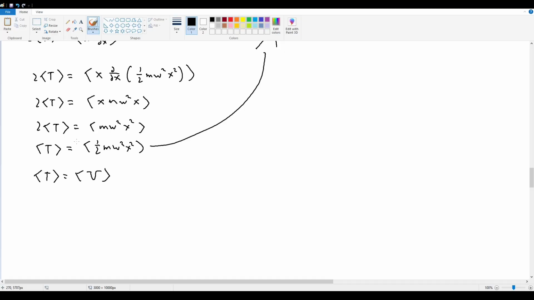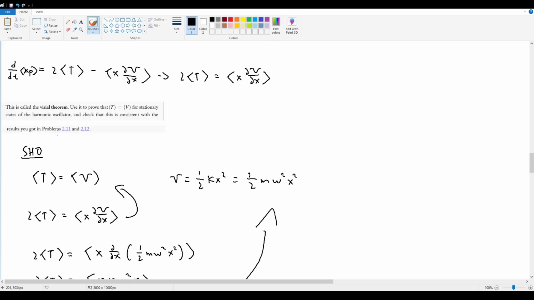So to show that, you can basically say, okay, well, back in 2.11 and 2.12, what we solved in that set of problems was how to create a formula for the expectation value of x, x squared, p, and p squared for the simple harmonic oscillator for any given energy state n.